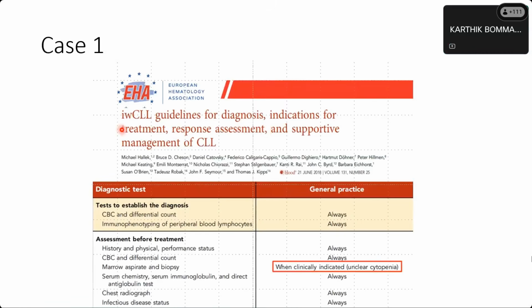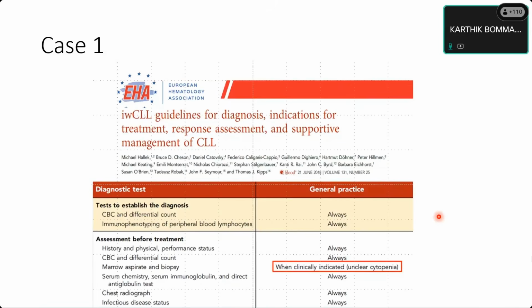The International Working Group CLL guidelines has clearly mentioned that immunophenotyping in peripheral blood is the modality, and bone marrow aspirate only under certain conditions, like when the patient with CLL is having cytopenia or marked severe anemia.